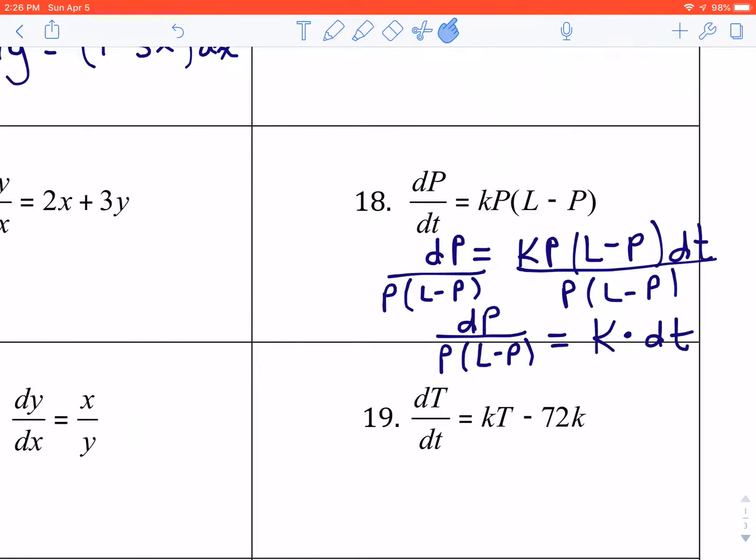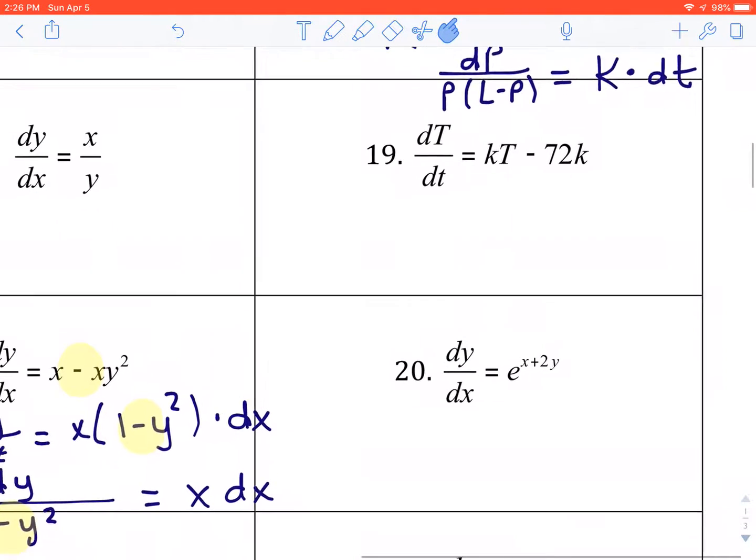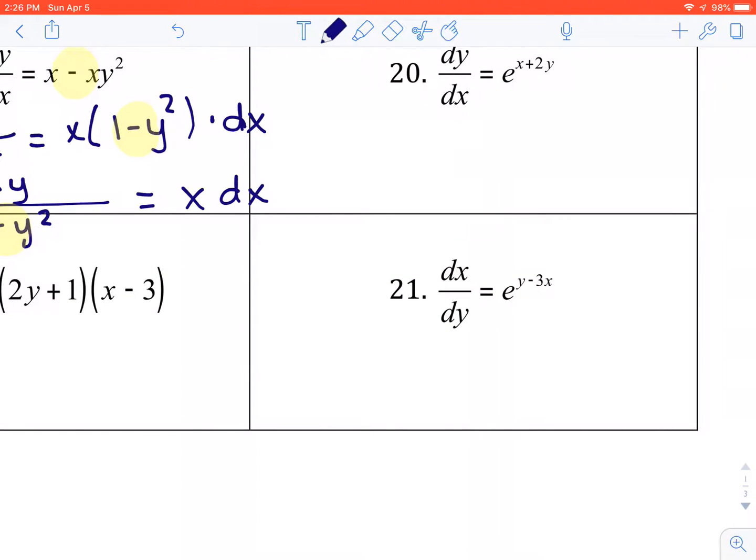Okay, last one, number 21. Now we saw this before on page 29 in your packet, where you can separate these, but you separate by multiplying, because e to the y times e to the negative 3x, if you combine them back together, you'd have to add those exponents to get y plus negative 3x.